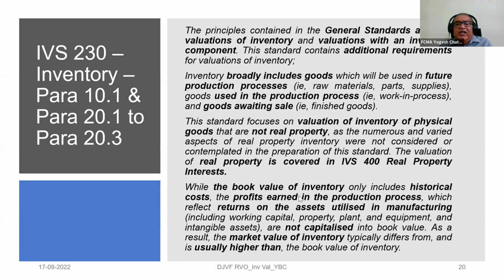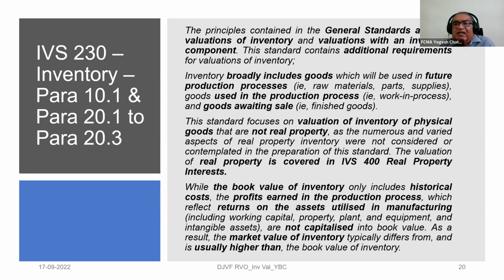And while the book value of inventory only includes historical cost, the profit earned in the production process, which reflects return on assets utilized in manufacturing, including working capital, property, plant and equipment, and intangible assets, are not capitalized into the book value.